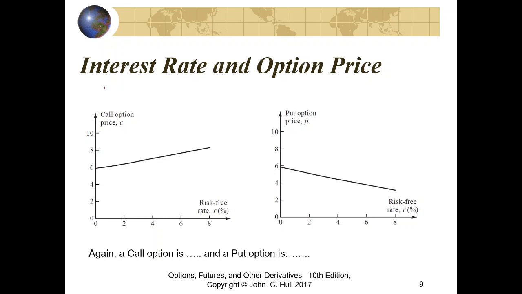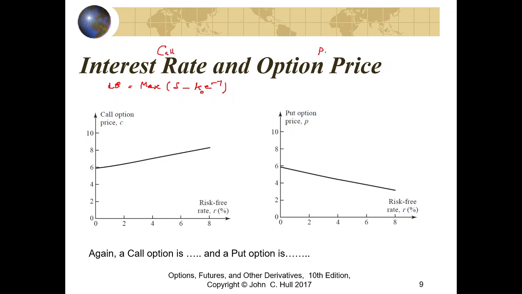We will see after a few slides that the lower bound for a call option is equal to the maximum between S minus K discounted, K times e to the power of minus RT, or 0. That's for a call.